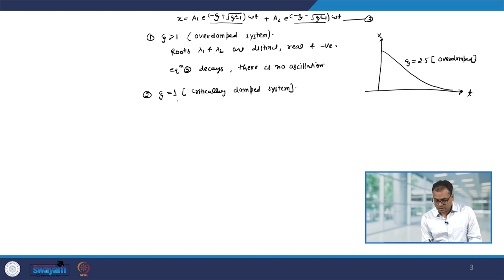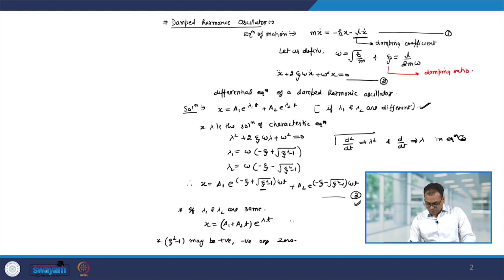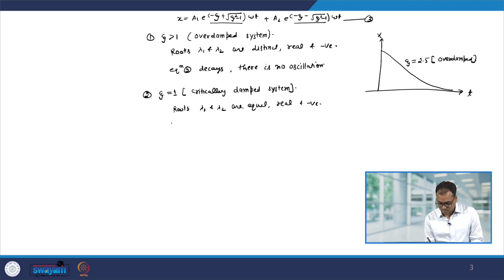So, in this case, the roots lambda 1 and lambda 2 are equal, they are real and they are negative. Therefore, its solution will be x equal to a1 plus a2 t, e to the power minus omega t. So, again it is an exponentially decaying function.